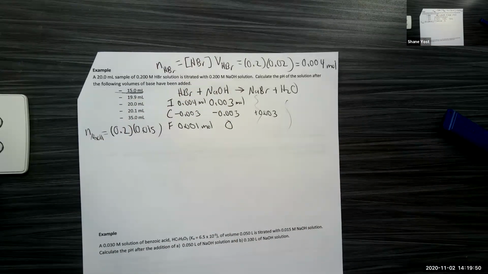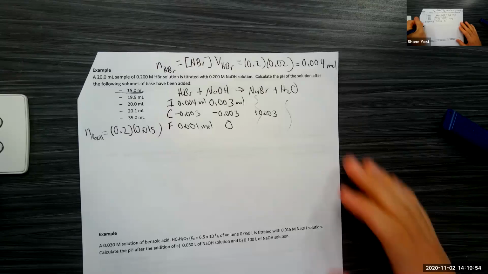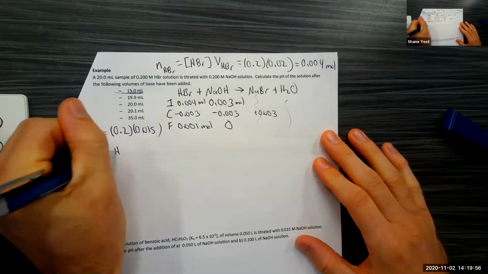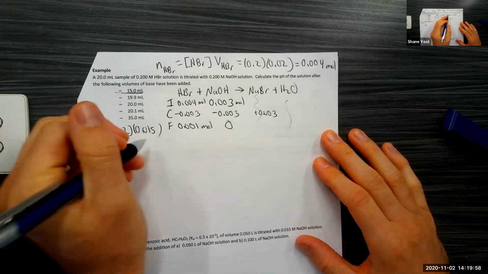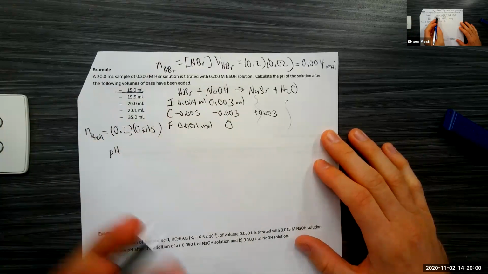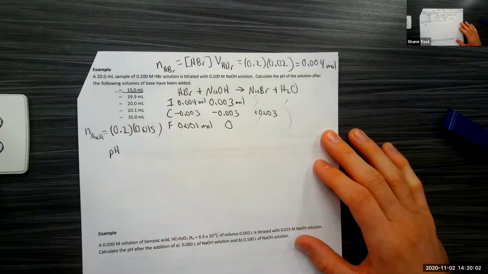To get the pH of this solution, what species from this reaction is determining the pH after things have reacted?